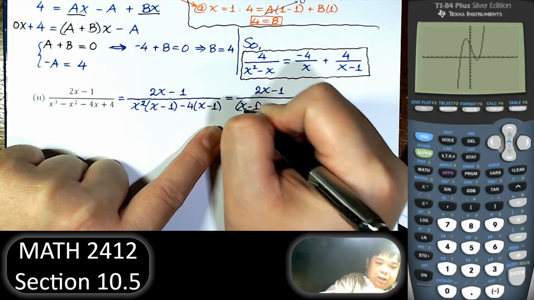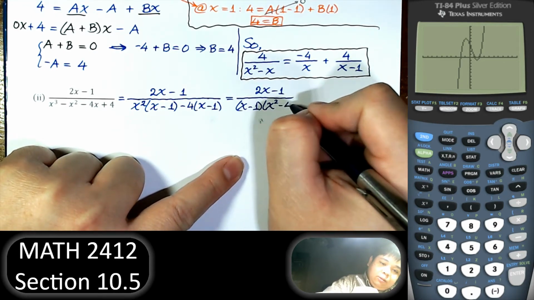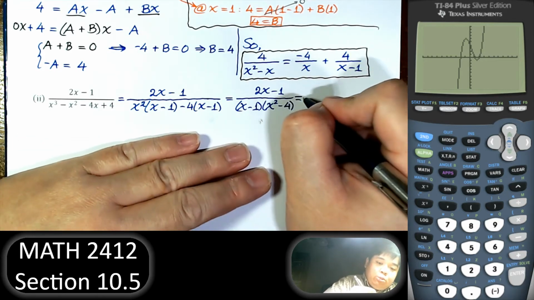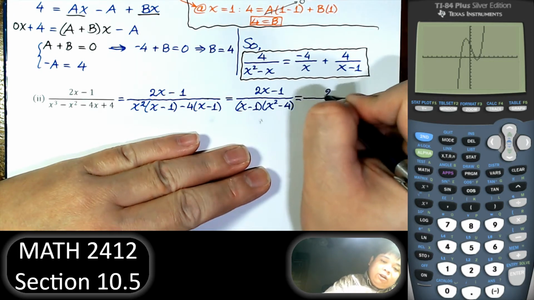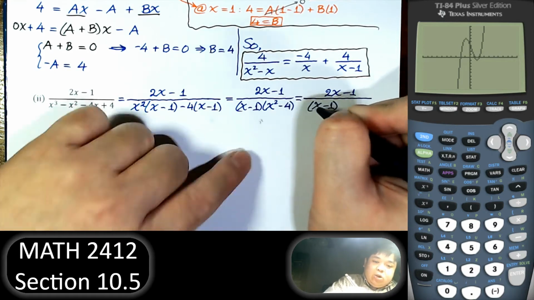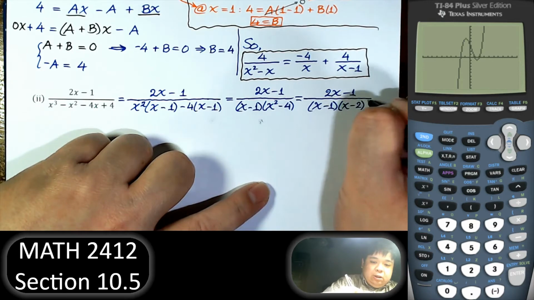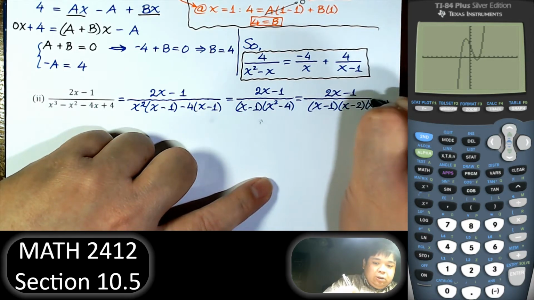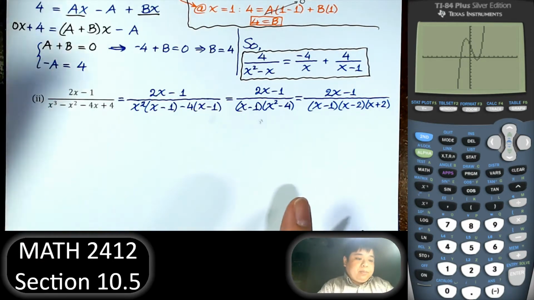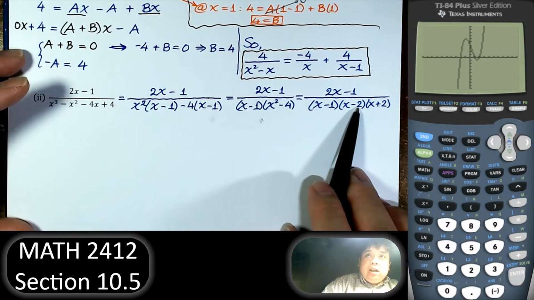Factor it out, and then we have x squared minus 4. x squared minus 4 is x squared minus 2 squared, a difference of squares, which is x minus 2 and x plus 2. Of course, those are the factors we expect to get. Now we have the denominator factored completely, then we can split them.